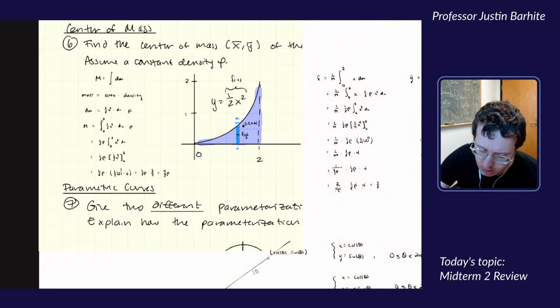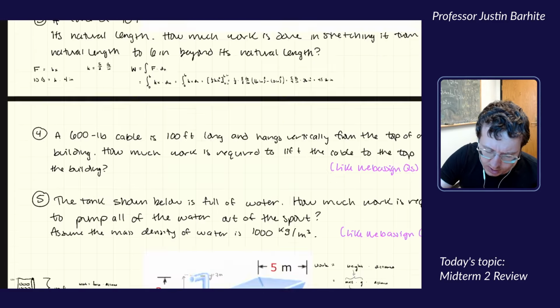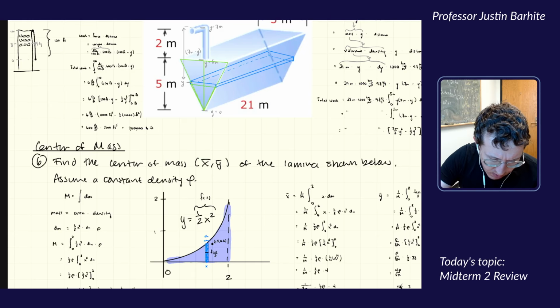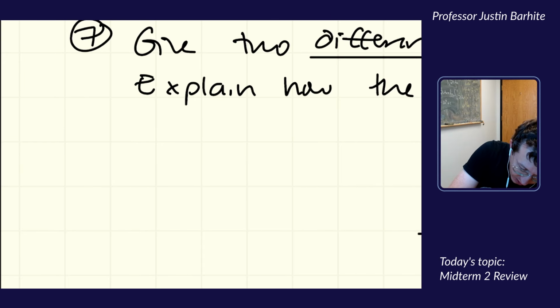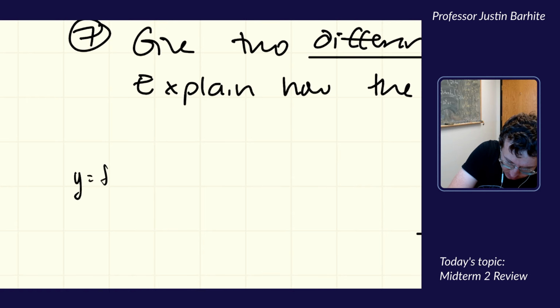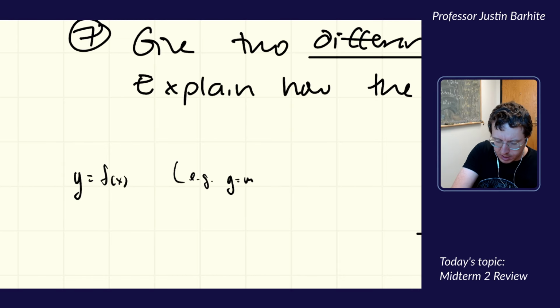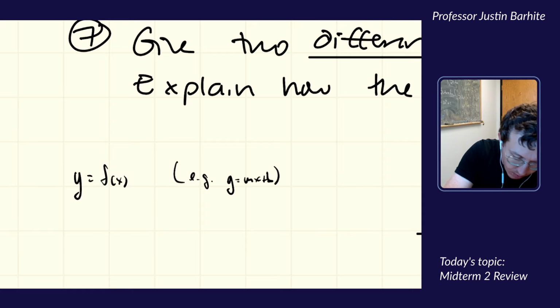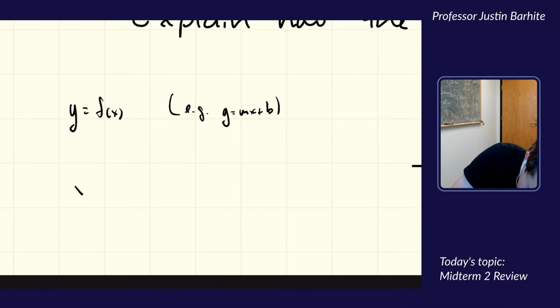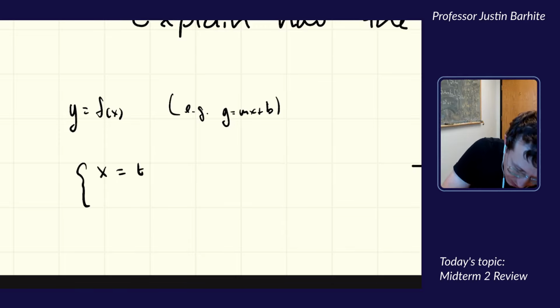I see. Well, that's actually pretty easy, because if you ever have the function y equals f of x, and it could be mx plus b, but it doesn't have to be, there's always an easy way to parameterize this, which is you can say x equals t, and then y equals f of t.